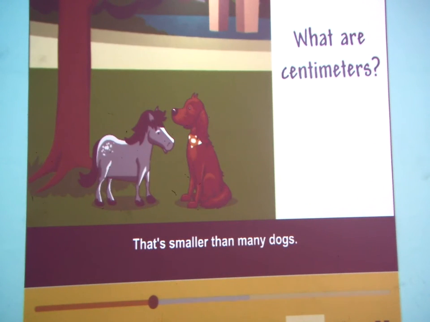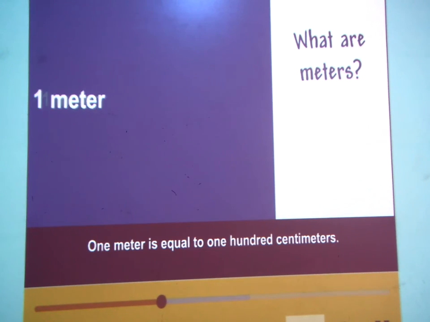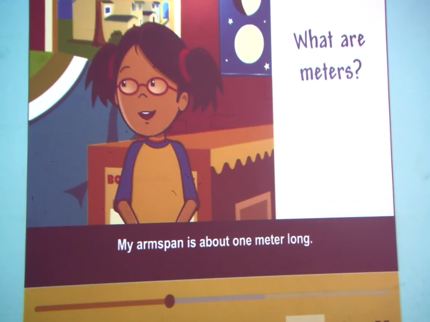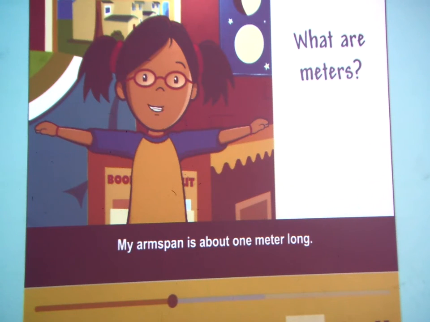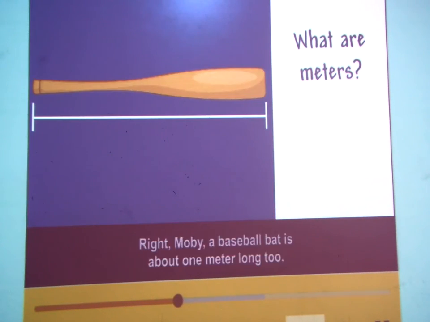That's smaller than many dogs. What are meters? 1 meter is equal to 100 centimeters. My arm span is about 1 meter long. Right, Moby, a baseball bat is about 1 meter long too.